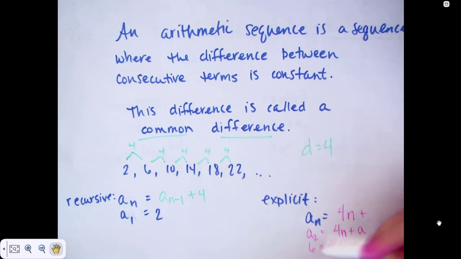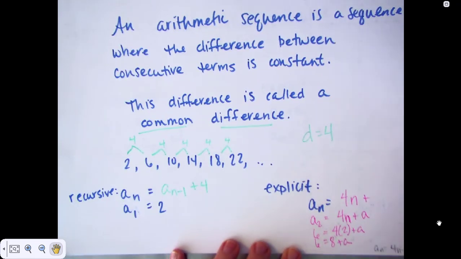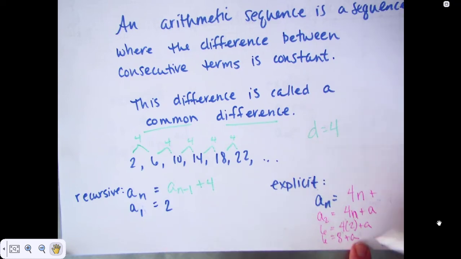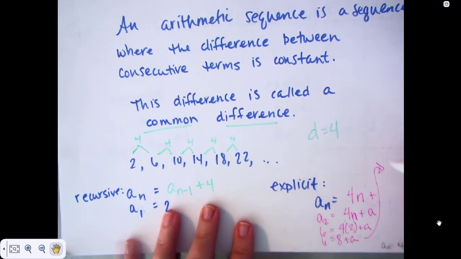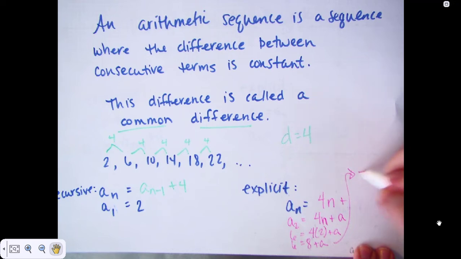So that's going to be 6 equal to 8 plus a, and then we will subtract the 8, and you'll get negative 2 equals a. So then you could say that a sub n equals 4n plus a negative 2.